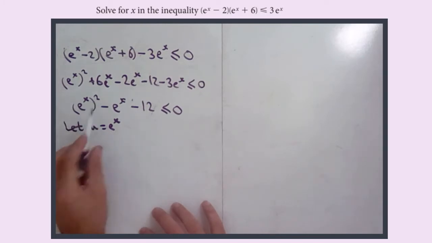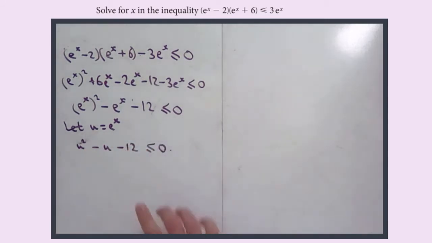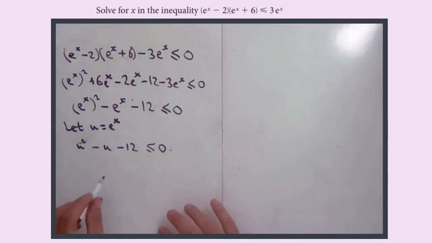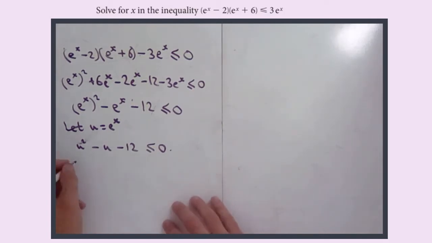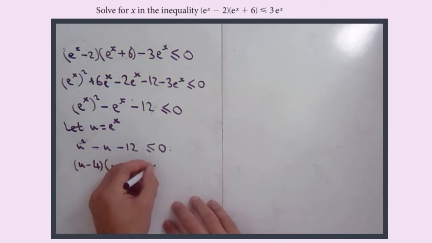So (e^x)^2 must be u^2, minus e^x is just u, minus 12, so that's less than or equal to 0. So now this will factorize. Looks like 4 and 3, so need to have a difference of 1. Minus 4 plus 3, so (u - 4)(u + 3) is less than or equal to 0.